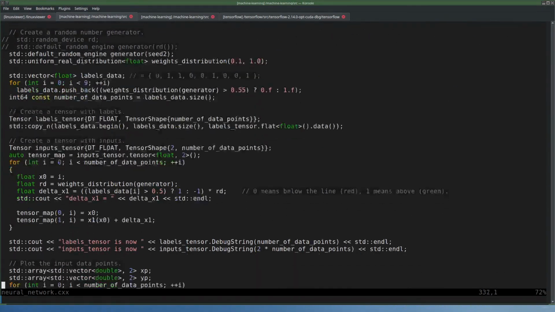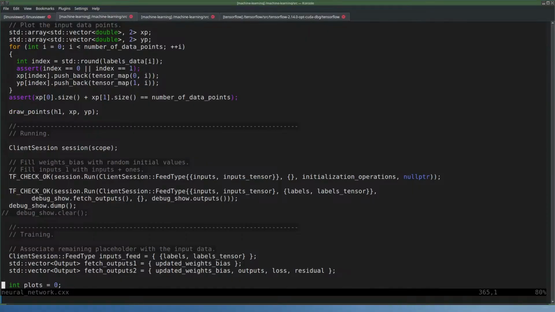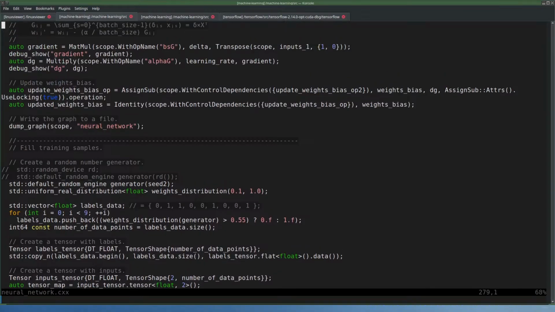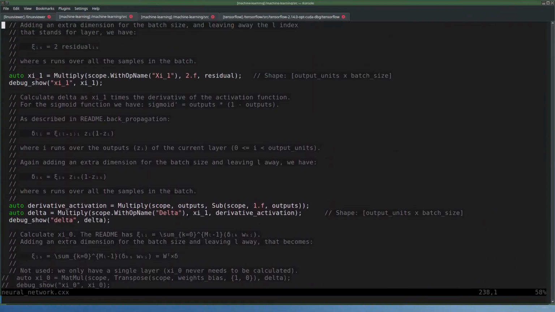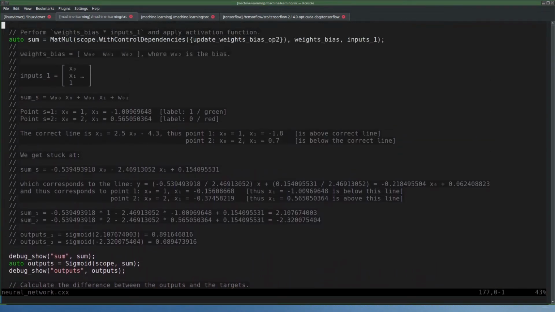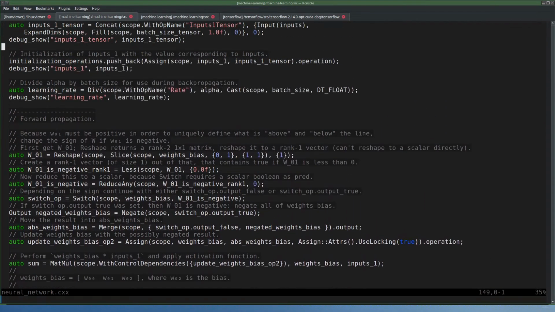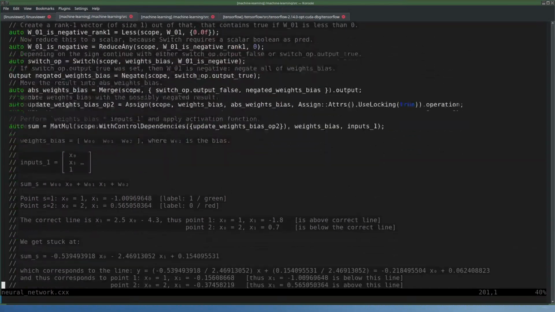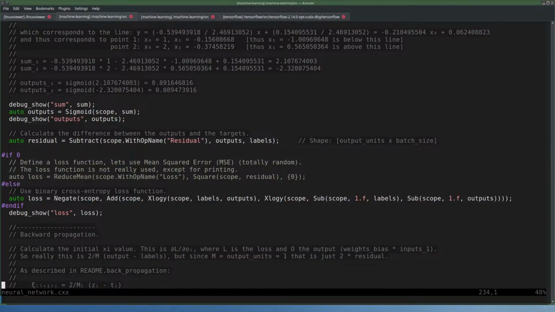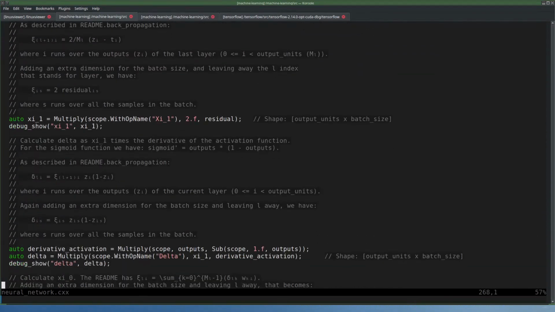Not with the forward, of course. So it's the backwards. This is running already. Filtering samples. Forward propagation. Where's my backwards propagation? Oh yeah, backwards.